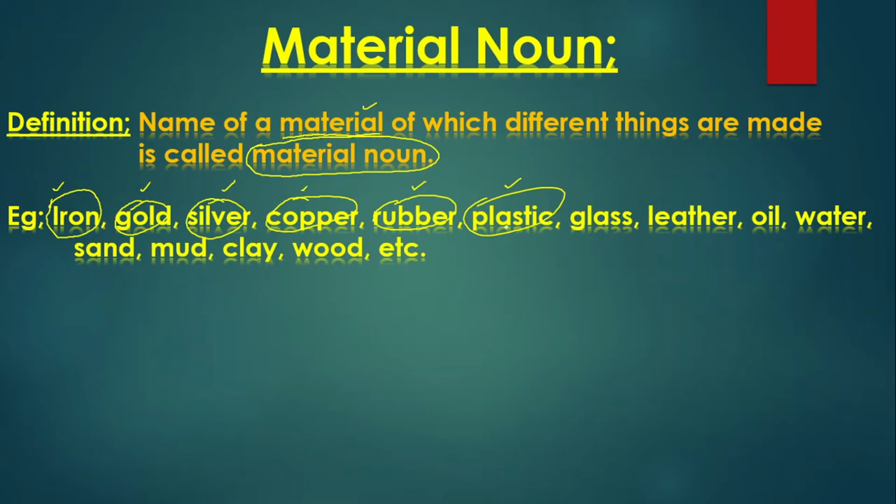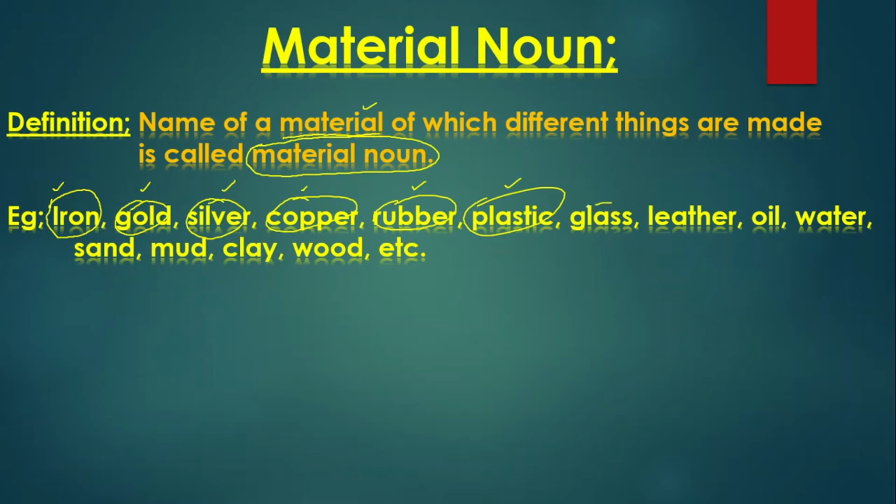In the same way, with plastic we make chairs, other things, or maybe the sub part of any car. And you could see the tables of plastic. That is a material by which you make different things.